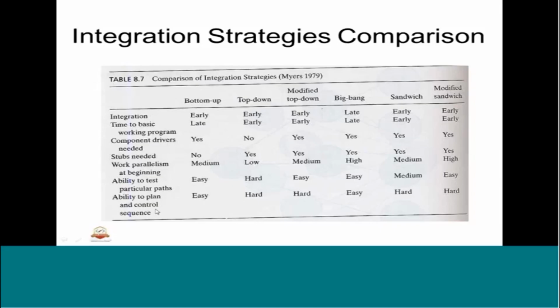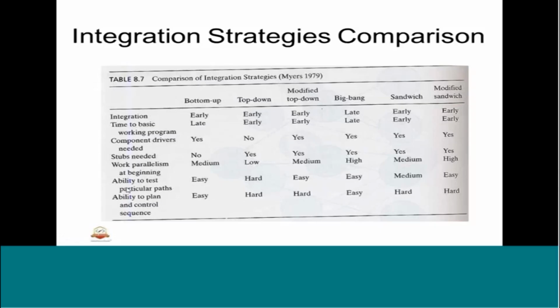Ability to plan and control sequences is easier in bottom up because we have control over the smallest components in the entire system, and it is very difficult for top down. We don't know the exact sequence until we go through each of them. Big bang it is easier.